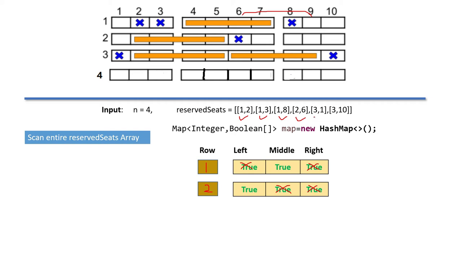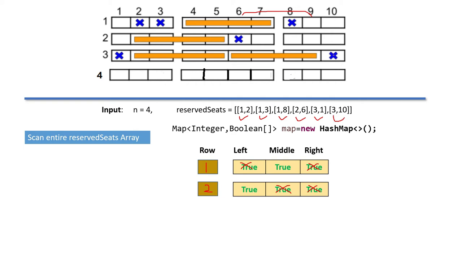Next we will go for 3 comma 1. Here one thing to consider is, if seat number 1 is blocked, there is no effect of this seat, right? So we will skip, as I have mentioned in the earlier slide. Next is 3 comma 10.